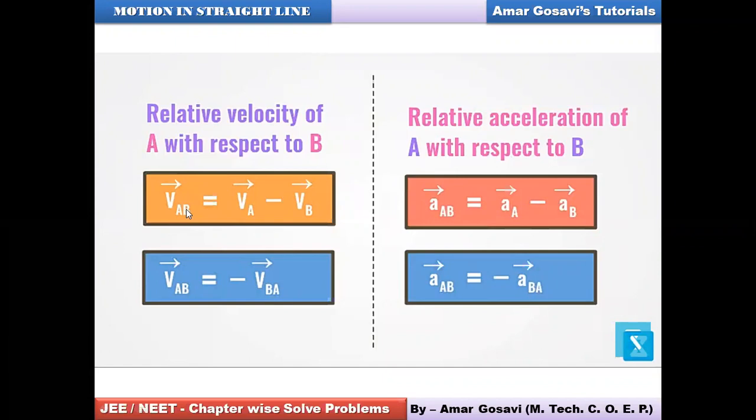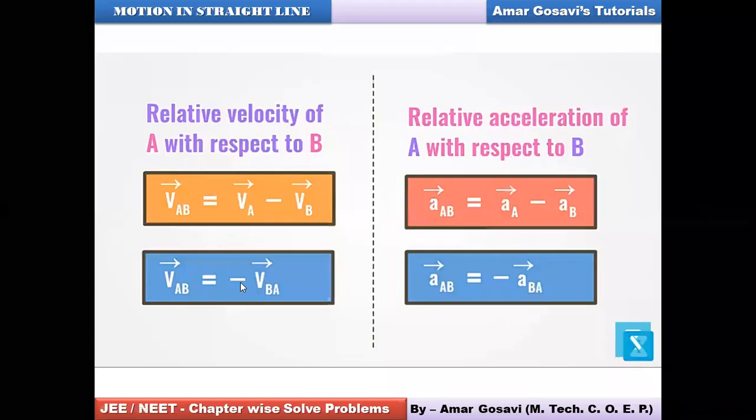Now, if you want to change the order, that means instead of VAB, you want to put it as VBA, what does it mean? You are talking about relative velocity of B with respect to A. That means here the frame of reference is A, and there the frame of reference is B. So the only difference is they would be oppositely ordered. Therefore, this equation comes into picture. Alright, friends.